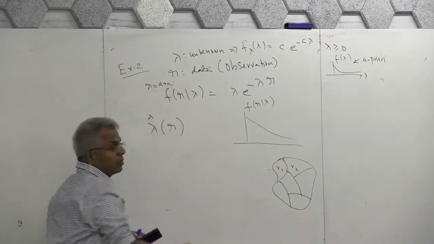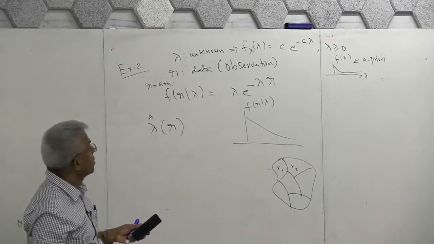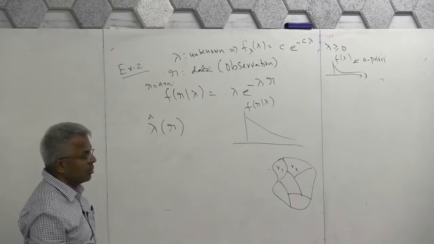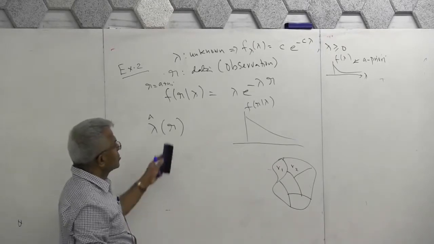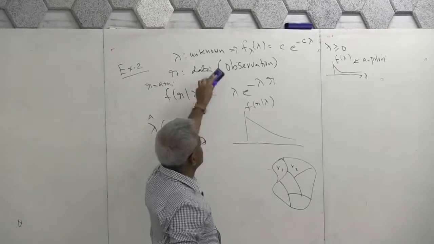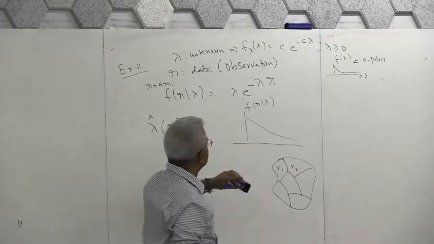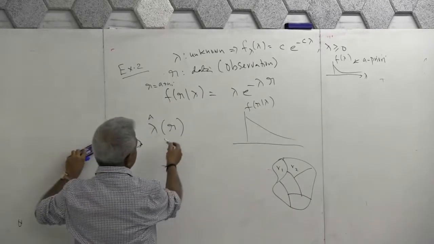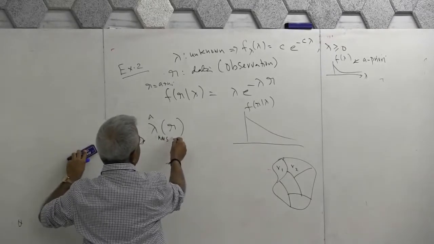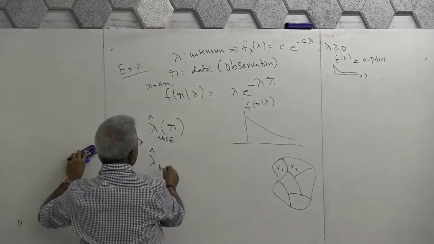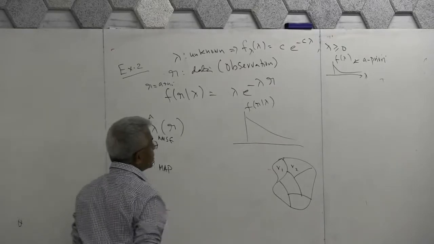So you were able to conclude R given A was Gaussian, etc. So here I just give you a model. Of course, then you can find out MMSE, you can find out MAP. Let's try to find out these two and see what happens. Okay.